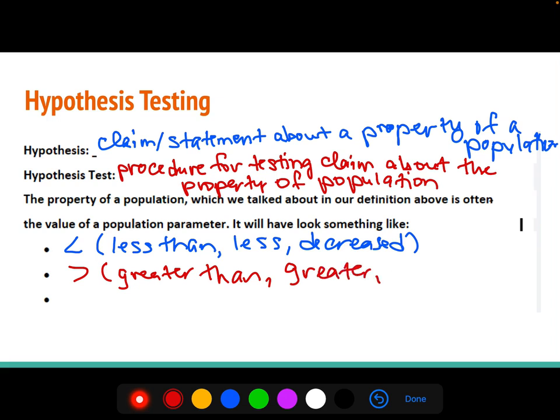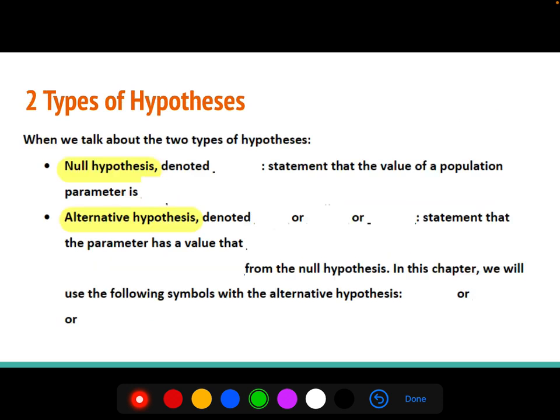Again, you may instead see the word greater or increased. And of course, this one's pretty self-explanatory. Equals. That means they're the same. Okay, so we're going to look at our population parameter in regard to some property.